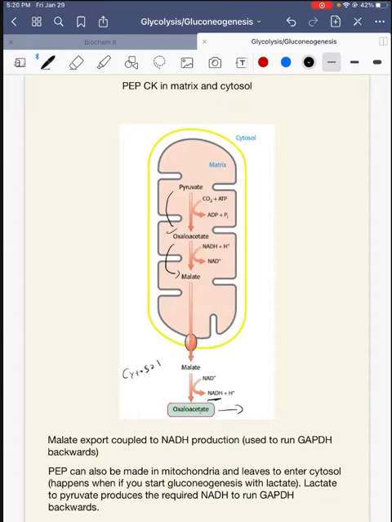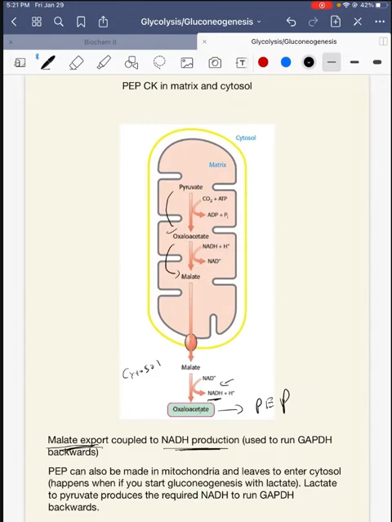And then this can be converted into PEP. So we start gluconeogenesis in the cytosol, and we made NADH in the cytosol for GAPDH to run backwards. So this is if we export malate. Whenever we export malate, we're going to produce NADH in the cytosol.